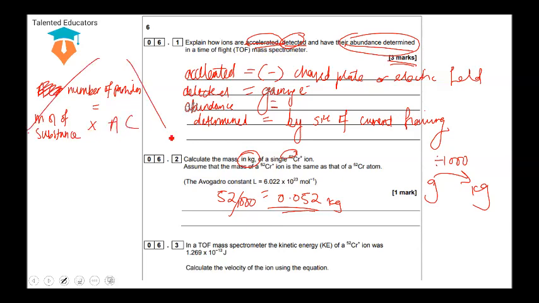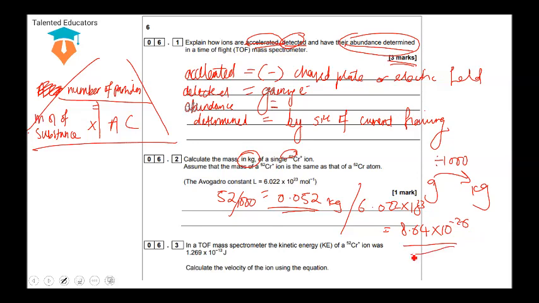And you can put in a triangle if you want, like so. Avogadro's constant, remember what's so beautiful about it is that it can be used in terms of atoms, molecules and ions. So for this question it'd be perfect with ions. Once we've worked this out in kilojoules, we then divide that by 6.022 times 10 to the power of 23, and that gives us 8.64 times 10 to the power of minus 26, and that should be your answer.